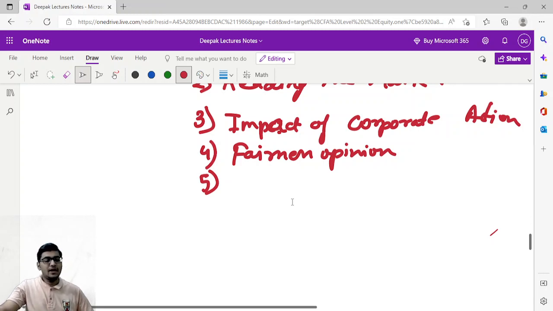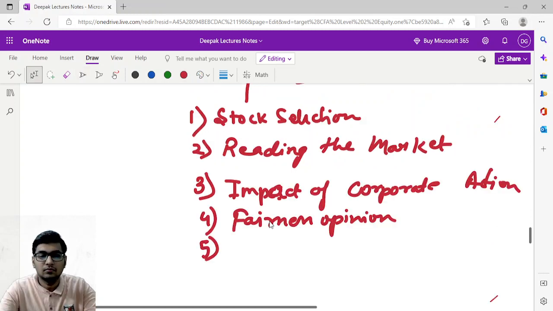Write down next point, valuation of private business. If there is a private business whose value is not there in the market, it is not trading in the market, then you have to use some valuation method to actually find out its value. And the last one is the portfolio management.